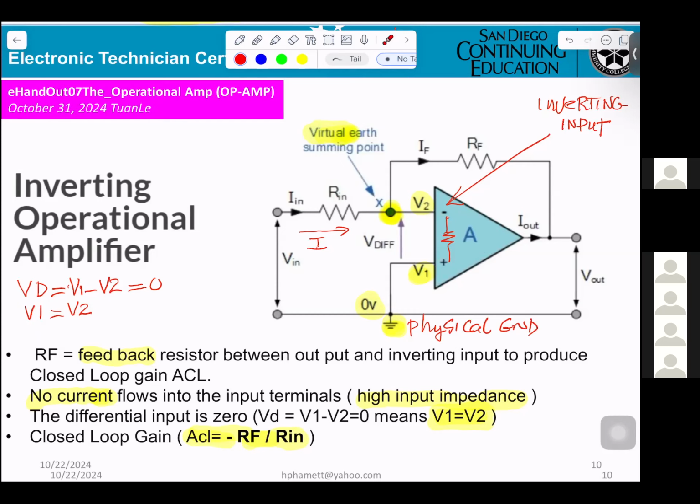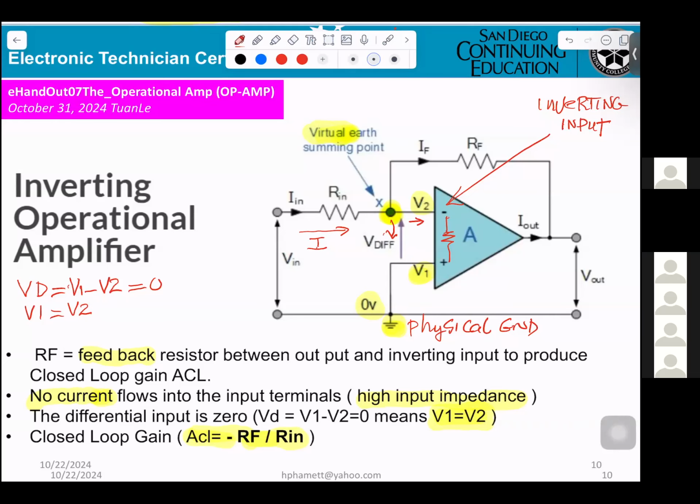So now you see the current I coming in. Okay? It goes to this point. Can current go down here? Can current go into the op amp?